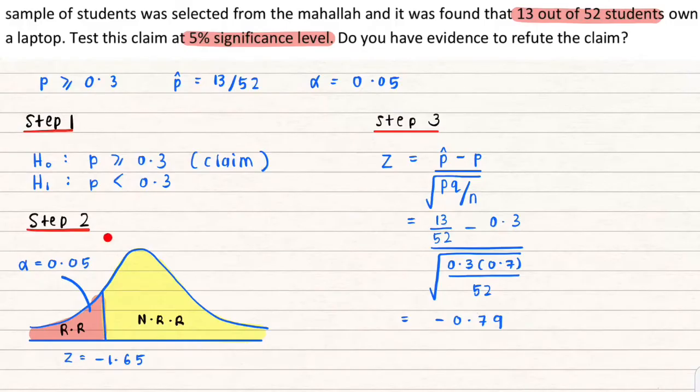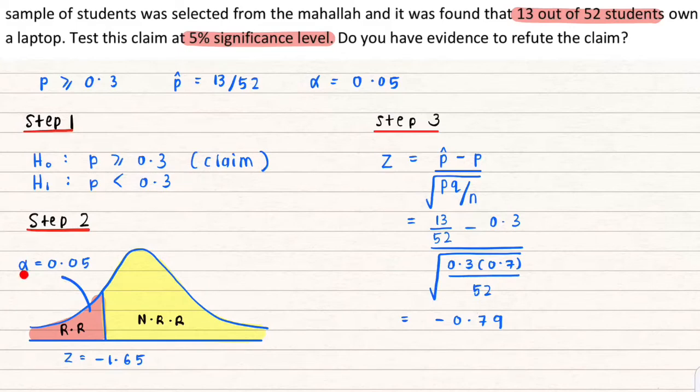Okay, move to the second step. You have to state your critical value and rejection region. Just draw your normal curve first, and then decide where your rejection region is. The rejection region is always based on your alternative hypothesis. You have the symbol of less than here, therefore your rejection region will be on the left side, and the other side is your non-rejection region. The value of the rejection region is based on your alpha value, so state alpha is 0.05.